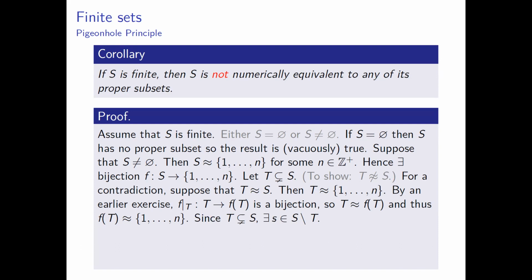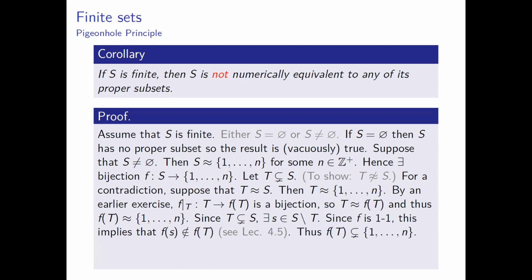Now, since T is a proper subset of S, there is an element small s in the set S minus T. Since f is 1 to 1, this implies that f of s is not in f of T. Thus, f of T is a proper subset of the set of integers from 1 to n, since f of s is an element of the set of integers from 1 to n minus f of T. Hence, by the previous corollary, f of T is not numerically equivalent to the set of integers from 1 to n, and we have a contradiction.